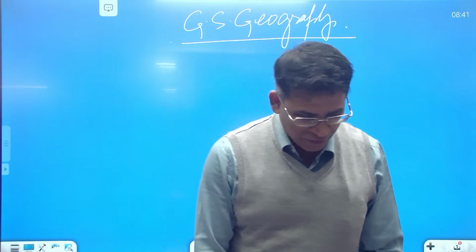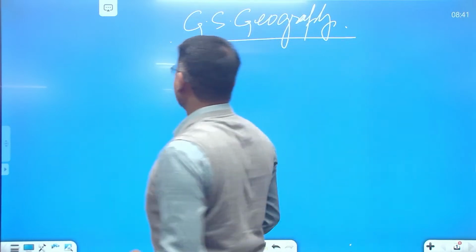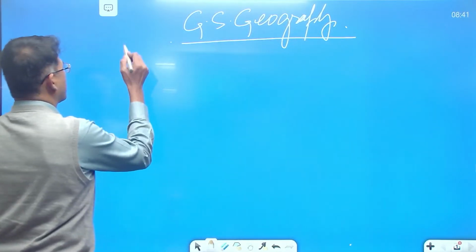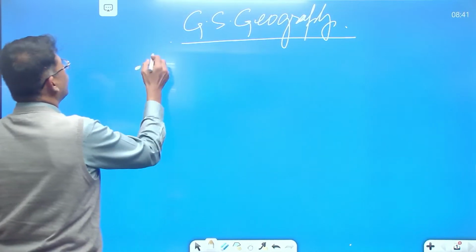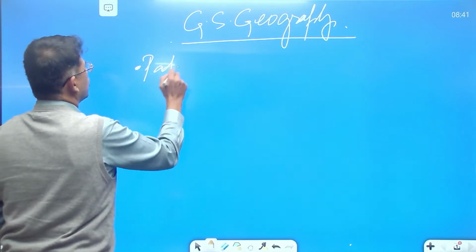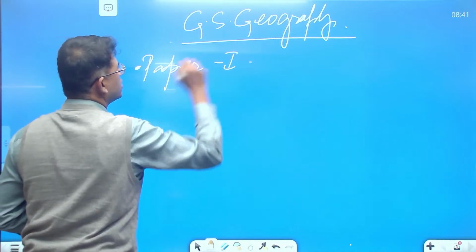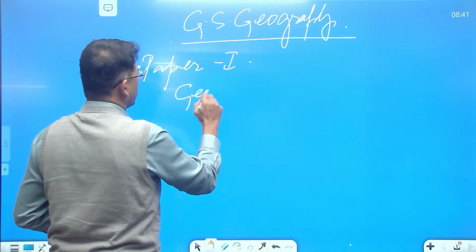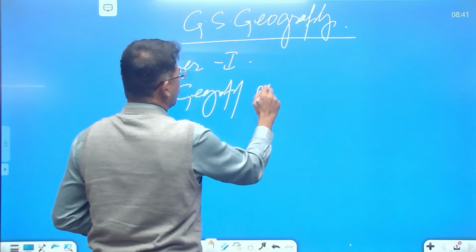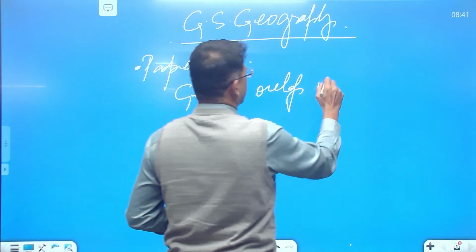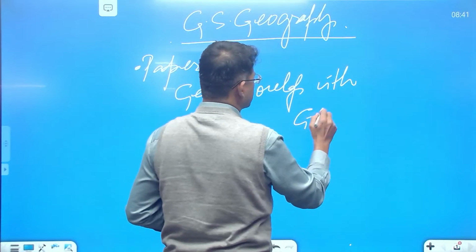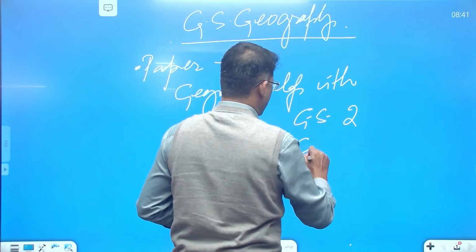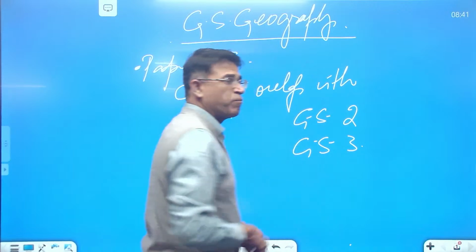So GS Geography, the quick facts, some of you are part of the first session we had for orientation. So paper 1 is GS Geography, but geography has an overlap with GS paper 2 and GS paper 3.